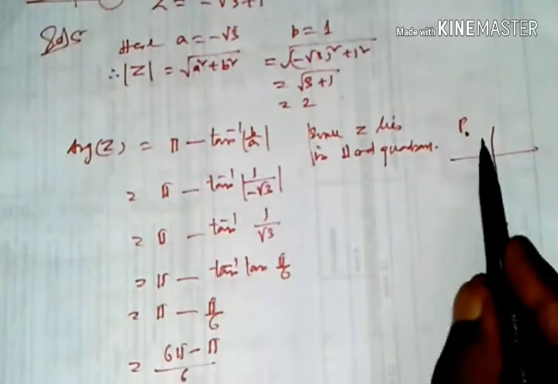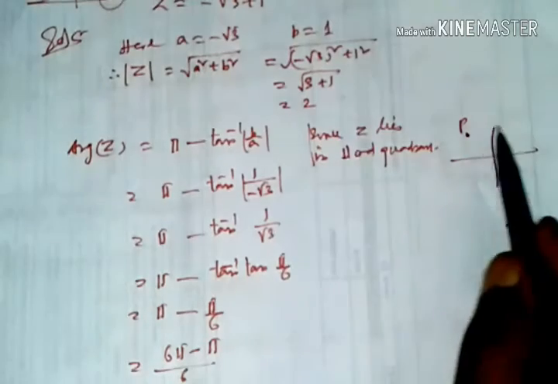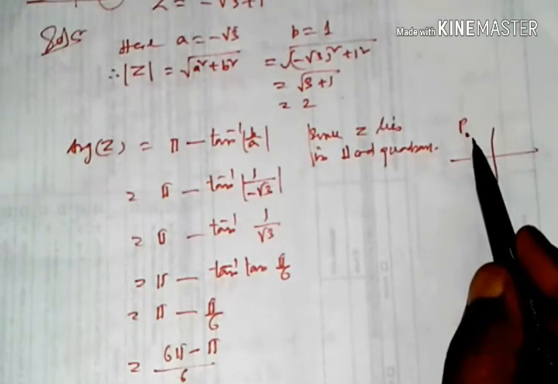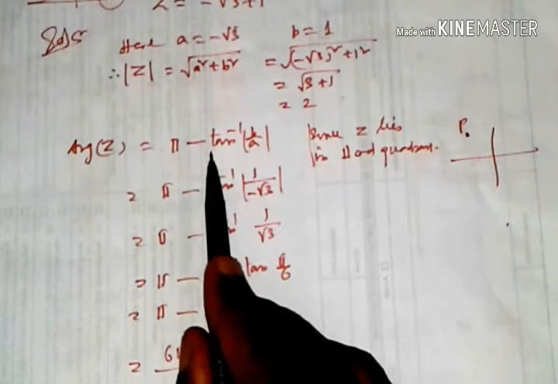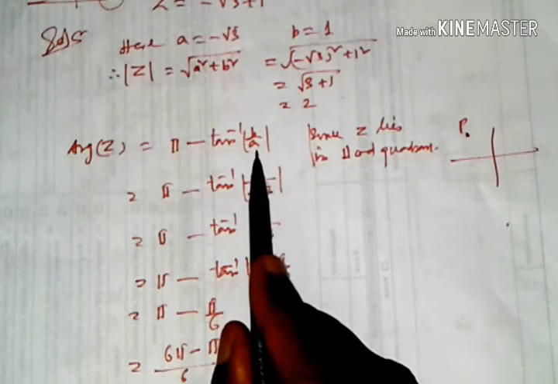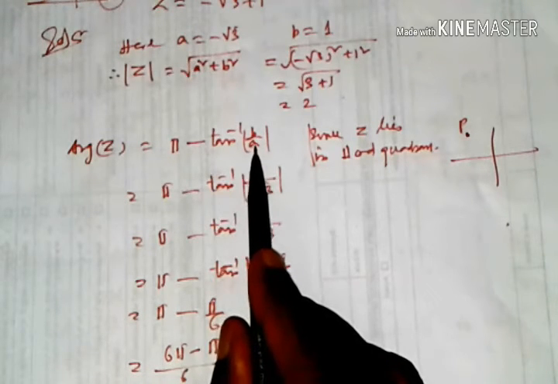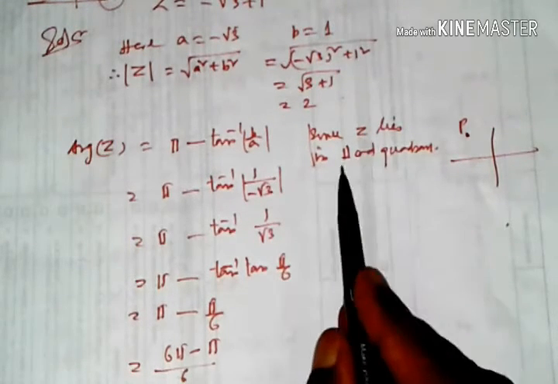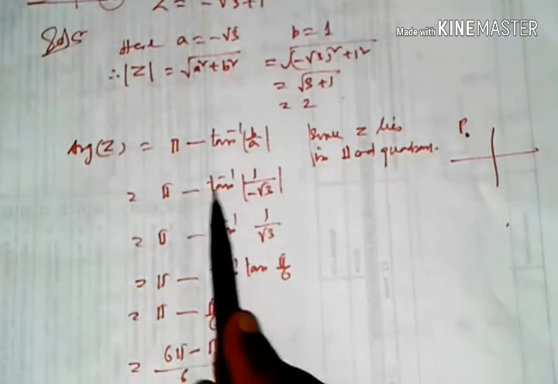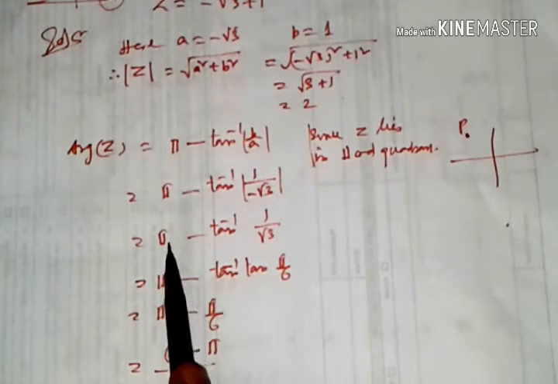Since a is negative and b is positive, it is in the second quadrant. In the second quadrant, the argument is pi minus tan inverse of the modulus of b by a, as I have discussed already last class. Since z lies in the second quadrant, pi minus tan inverse of 1 by root 3. There it is negative, but within the modulus sign it is positive.